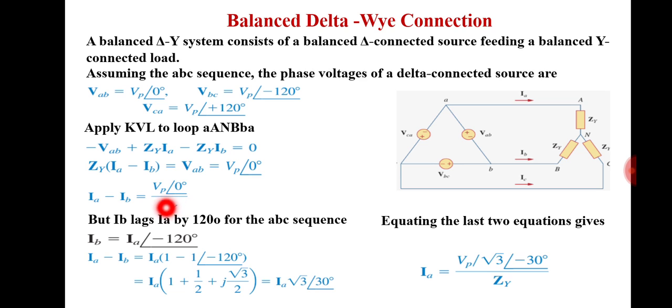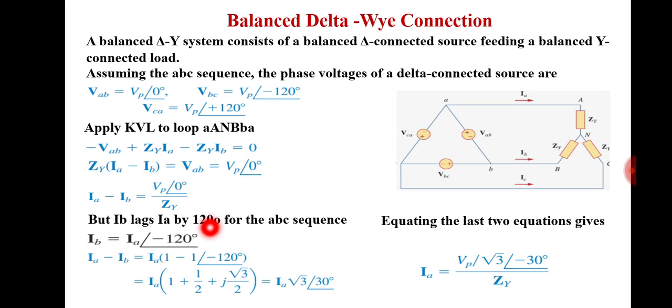Here now IA minus IB is equal to VP with angle 0 divided by ZY. But IB lags IA by 120 degree for ABC sequence. Now IB is equal to IA with angle minus 120 degree. So IA minus IB is equal to IA in bracket 1 minus 1 with angle minus 120 degree.